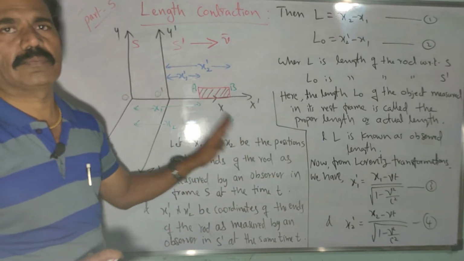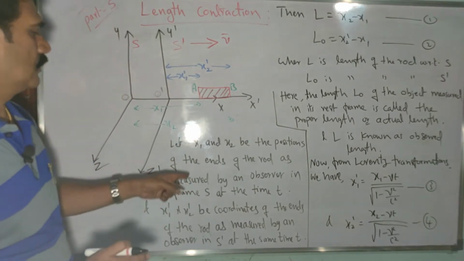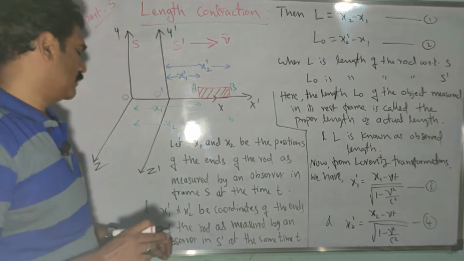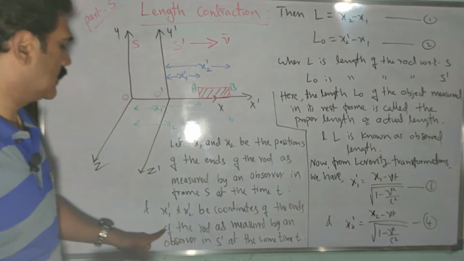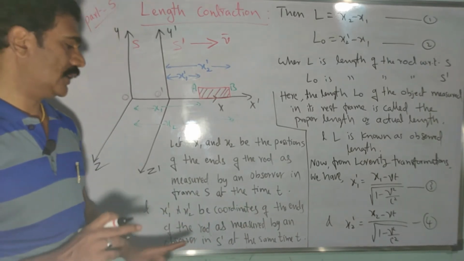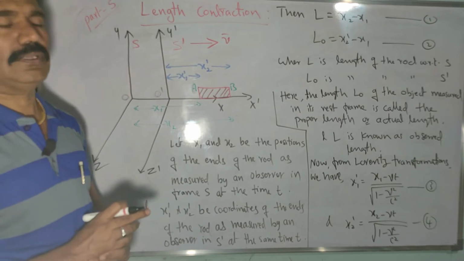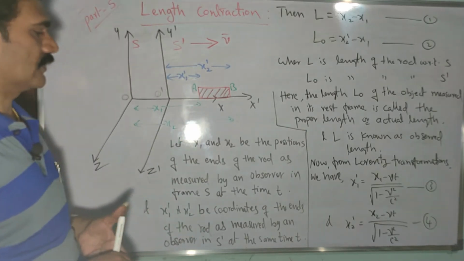At a particular time t we are measuring the positional coordinates. And x1 dash, x2 dash, as I told, are the coordinates of the ends of the rod as measured by an observer in S dash at the same time t. Simultaneously we are measuring the length of the rod by two frames of references here.